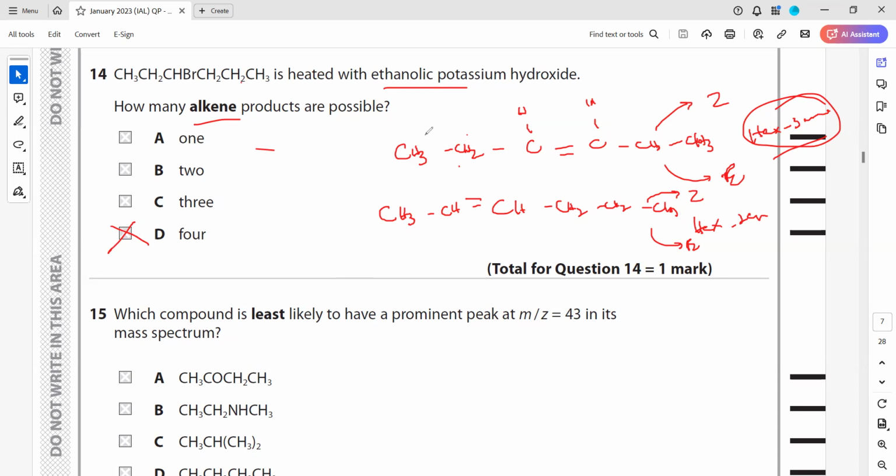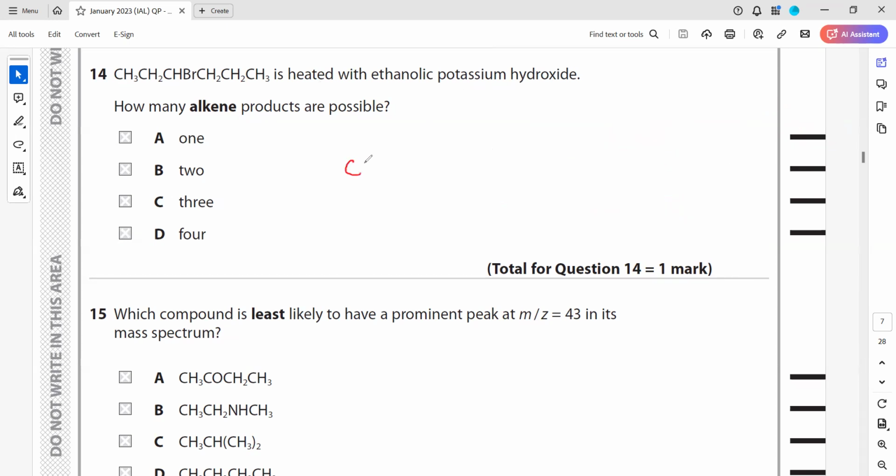Because whenever there is a double bond, this is the main structure. This was CH3, CH2, CH, Br, then CH2, CH2, CH3. This is the main structure, the structure of the halogenoalkane. But what might happen? Bromine might be lost from here, and hydrogen might be lost from here, so it will produce hex-3-ene. But another possibility: bromine lost from here and hydrogen lost from this one.